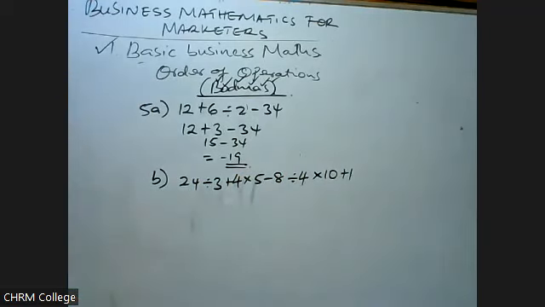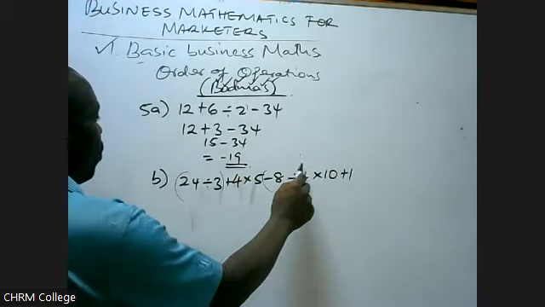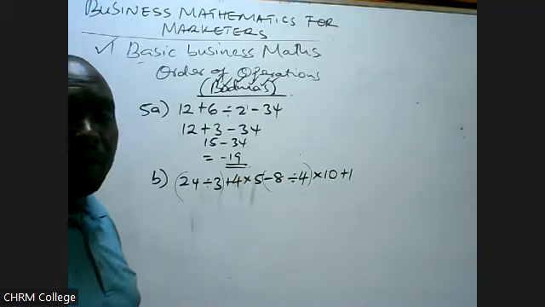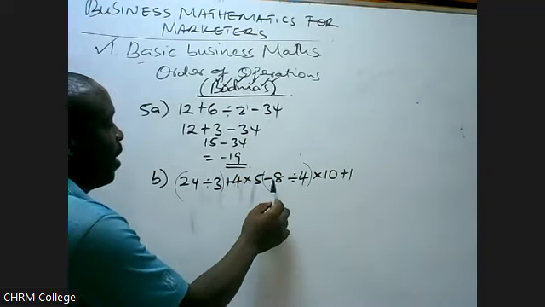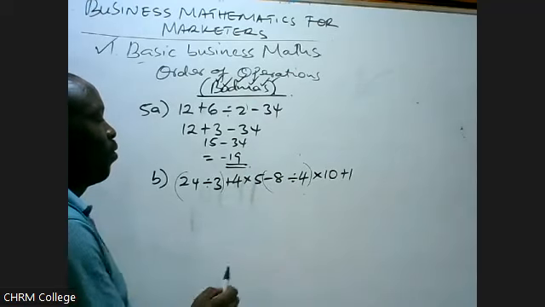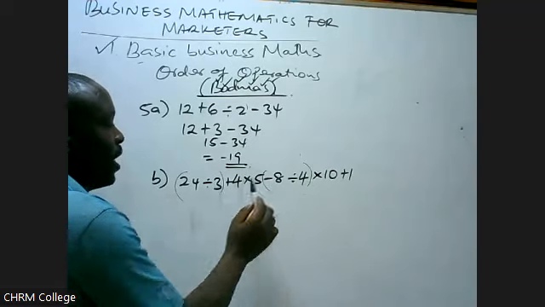You need to look at BODMAS and identify what should be done first. Division is there, and division is also there. Remember the sign, either plus or minus, belongs to the integer that is ahead. This negative is for 8, so when we are dividing, we must take note of it.